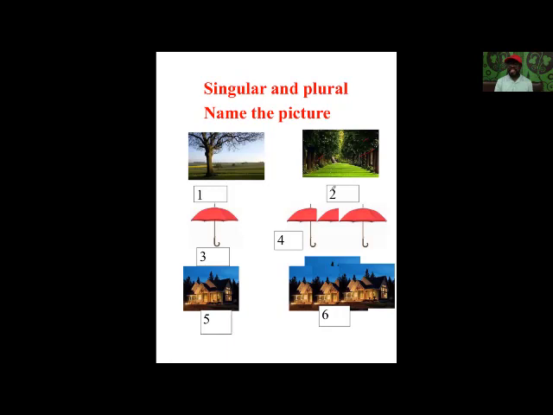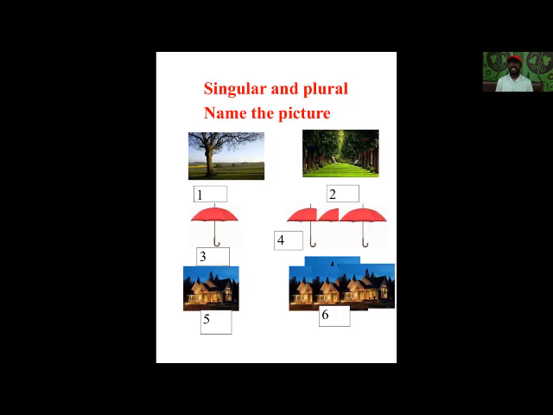So we say, they are trees. They are trees. The contraction. It is a tree. They are trees. But when you are speaking, use the contraction. It's a tree. They are trees.